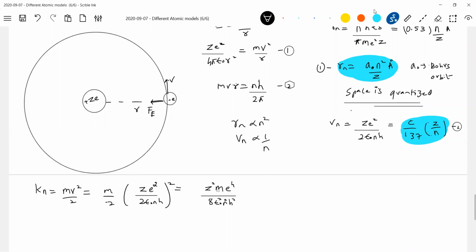Now the expression for potential energy: potential energy is given by minus Ze square by 4 pi epsilon naught rn.